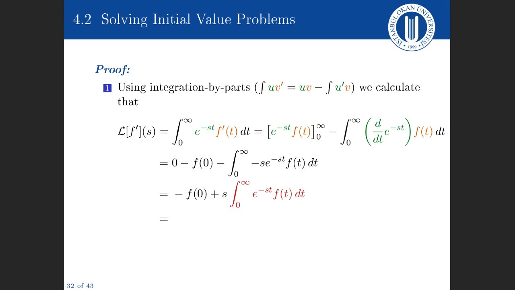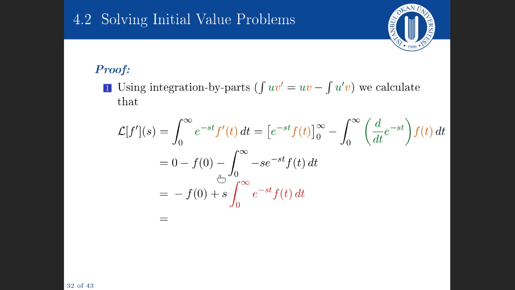That's the same as minus f of 0 plus now s. S in terms of the integral is a constant, so the s can come out. Integral from 0 to infinity, e to the power minus st f of t dt. But what have I written in red?